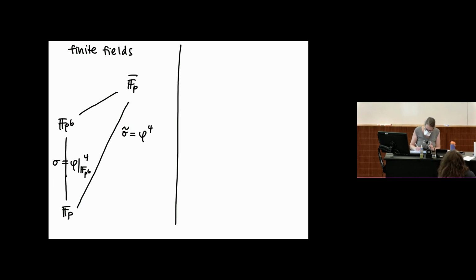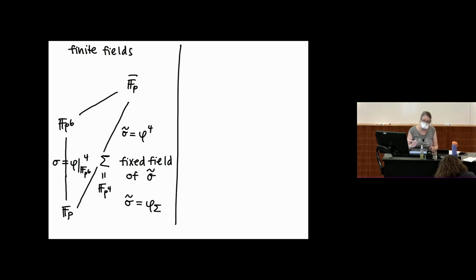And then this sigma tilde has some fixed field. And on this fixed field, which in this particular situation is F_p to the 4th, sigma tilde is the Frobenius of that field.